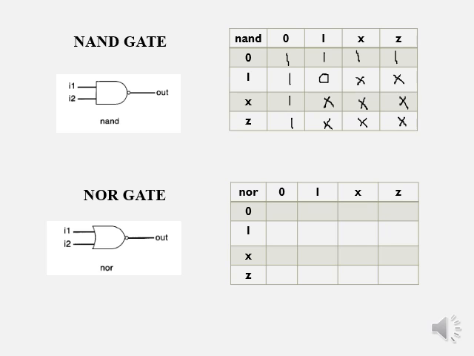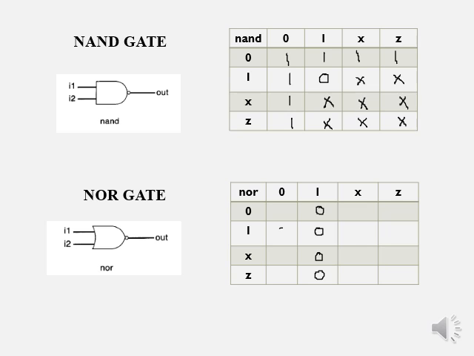For the NOR gate, if any one of the inputs is 1, the output is 0. So it is simply the complement of the OR gate. Here also the control input is 1, but the output will be 0 if one of the inputs is 1.